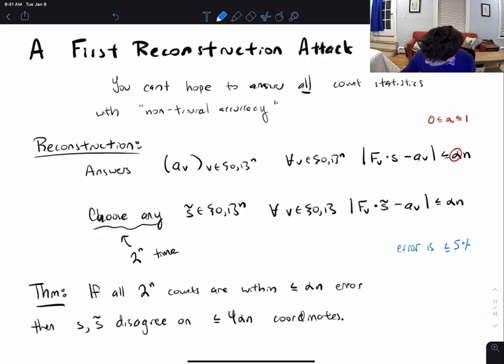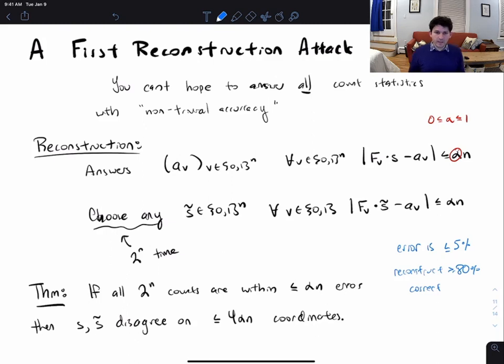Then the reconstruction will get at least 80% correct. Okay, so I'll recover at least 80% correct. Now, there's one very important thing I want to say about this result, which is that notice that in the theorem, there's no assumption on S. So I get S correct for any S.